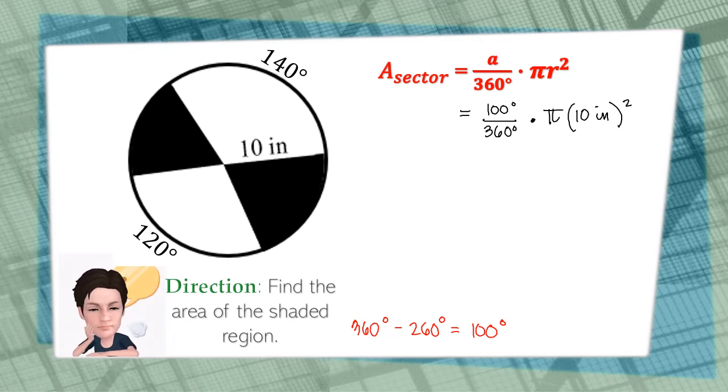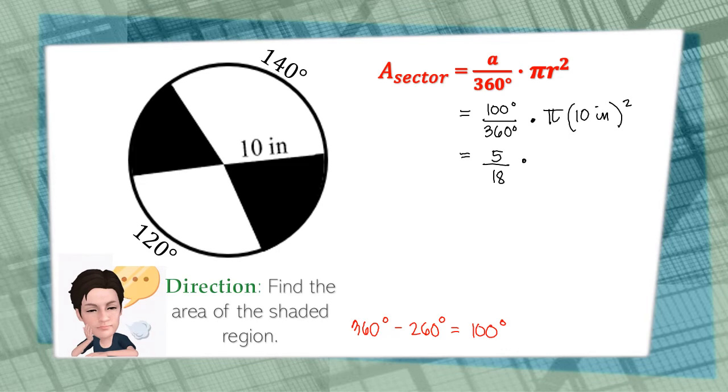Okay, so now I'm going to simplify first 100 and 360. Both are divisible by 20. So 100 divided by 20 is 5, and 360 divided by 20 is 18.